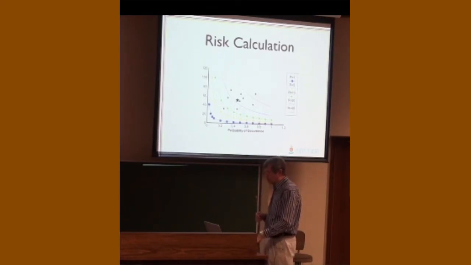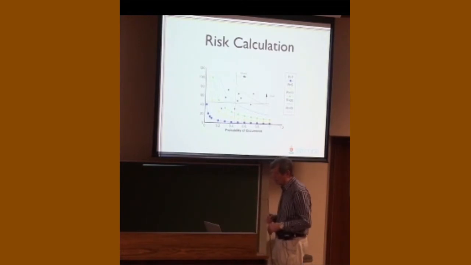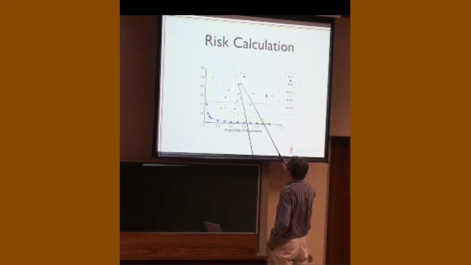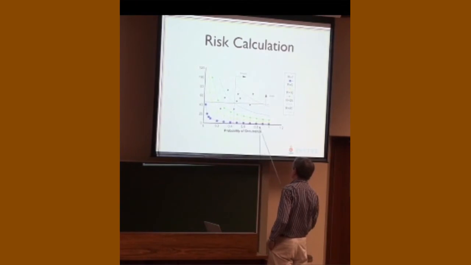Something else that you can do is you can also draw lines like this. Of course, you have to decide yourself what these levels are. But if you draw lines like this, you can identify risks that are chronic. In other words, that occur too often, where the probability of occurrence is very high.